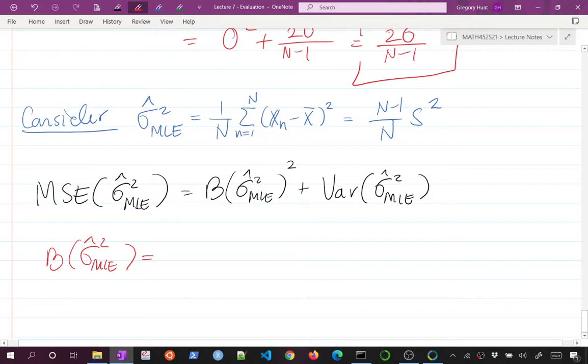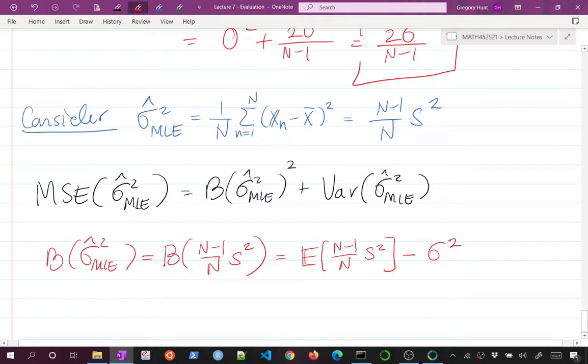What's the easiest way to do this? It is the bias of n minus 1 over n times s squared. And the bias is the expected value of the thing minus the true parameter, which is sigma squared in this case.